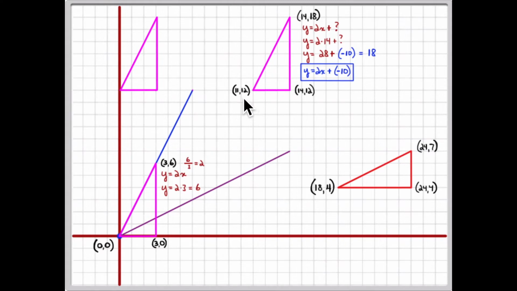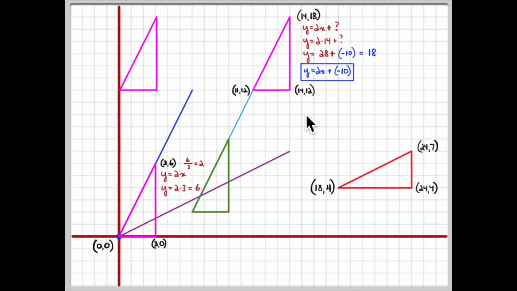So if you go to here, y is equal to 2 times 11 is 22 plus negative 10 is 12. So 2x plus negative 10 is 12. And if you extend this triangle, if you slide this triangle down this same line to a point that corresponds to its proportional relationship, this point right here is 10 units below this point right here.